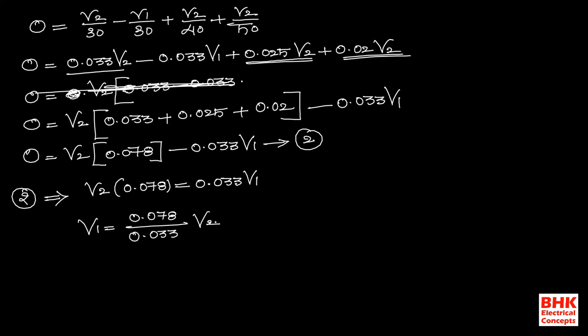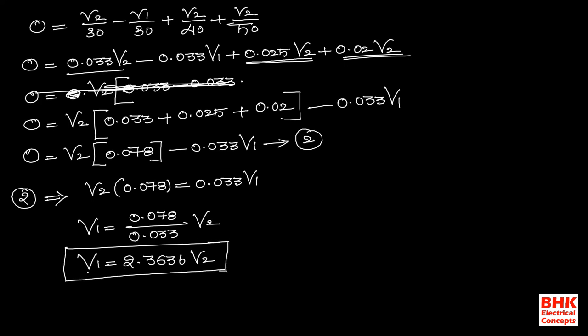Okay, now 0.078 divided by 0.033, it will give the value as, so V1 is equal to 2.3636 V2. Okay, now this is the expression of V1 in terms of V2. Now assume this is equation number 3. Now finally we got the expression number 3, that is V1 in terms of V2.